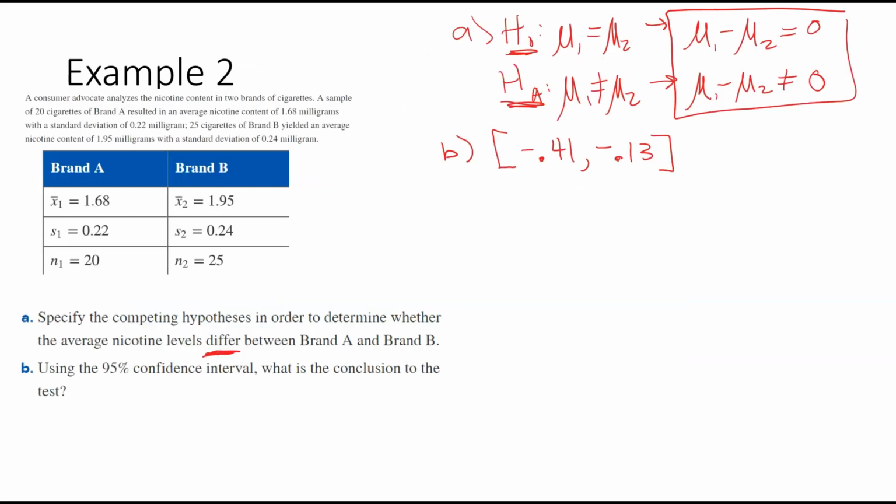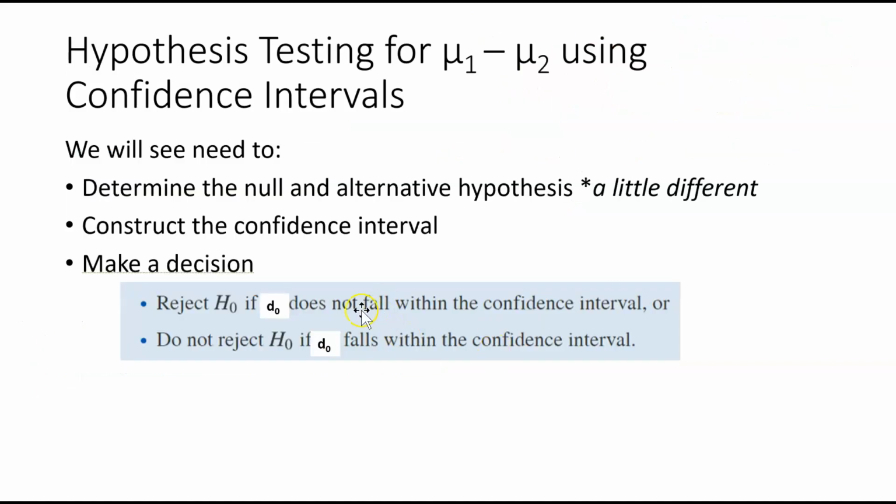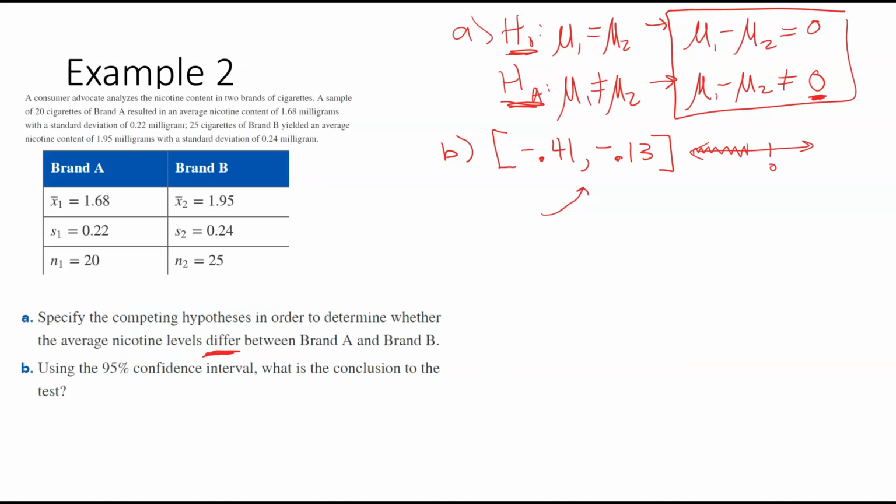Basically, we want to know whether the value is inside. So is 0 in between these two values? No, they're both negative. If you think about a number line, 0 is over here, and we're talking about negative values. So the value does not fall within the confidence interval, so we are going to reject the null.